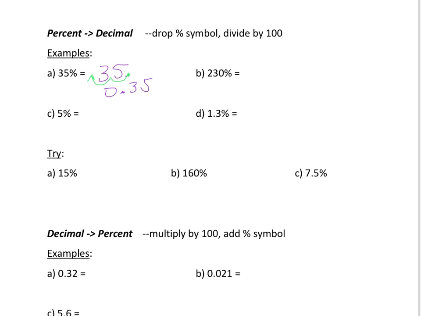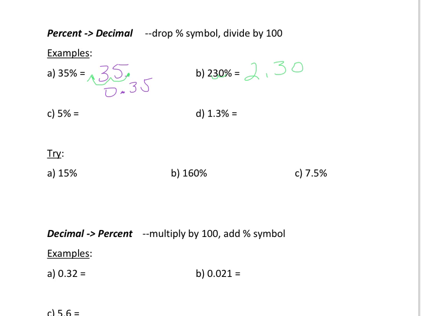We'll move the decimal place from after the 0 here, and we'll move it 2 spaces, so it ends up after the 2. So we end up with 2.30 as our decimal. Okay, and remember, because that's over 100%, we end up with a whole number. So we have 2 and 30/100ths, or 3/10.